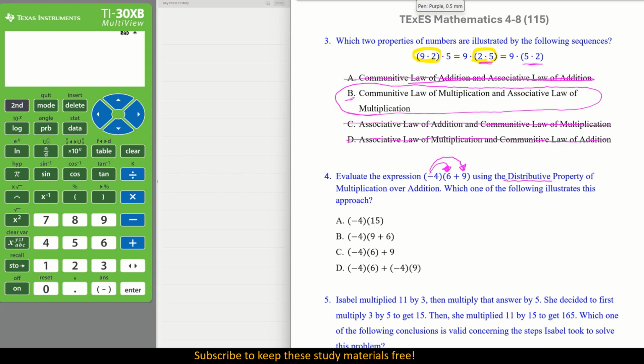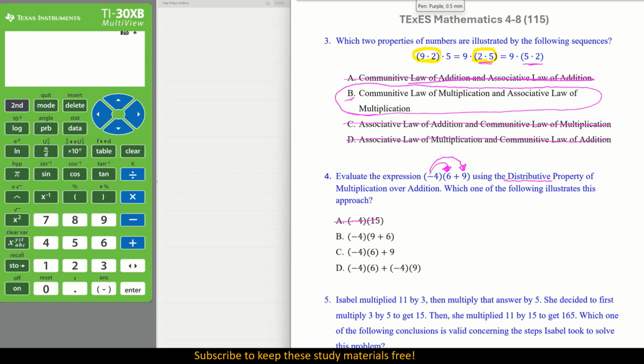Okay? Well, let's look. It says which of the following illustrates the approach. Well, A does not. They added the 6 and 9. Well, okay, maybe it'll give us the correct value in the end, but it's not the correct approach. Let's look at the next one. Well, they just switched the position of the 9 and the 6.